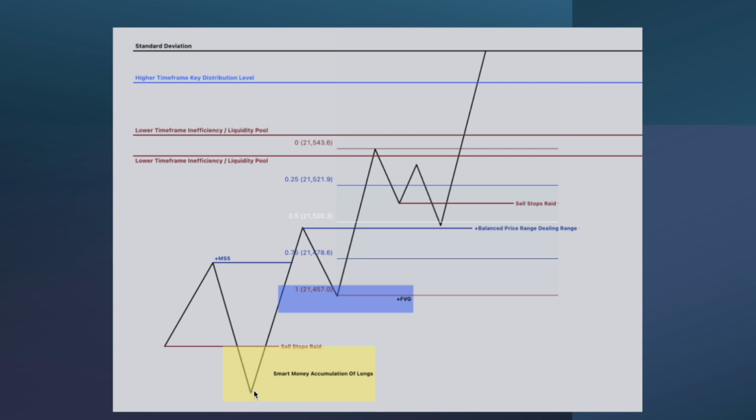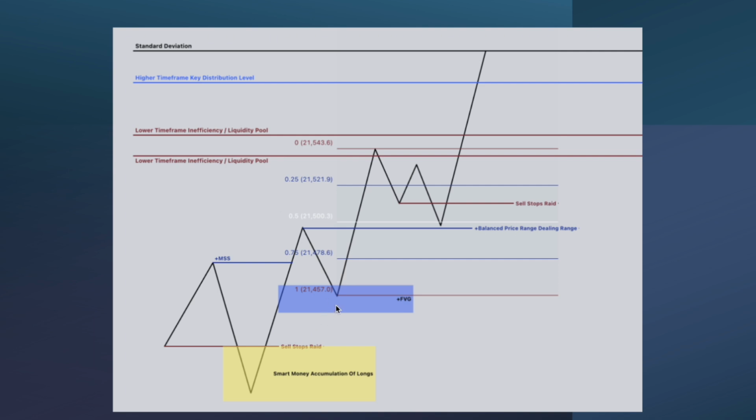A standard deviation is taking a fib from this low up until this high of the dealing range and then projecting this range and doubling it to the upside, or even tripling it, or even you can tenfold it. But basically, this range multiplied to the upside is going to be some form of a target.